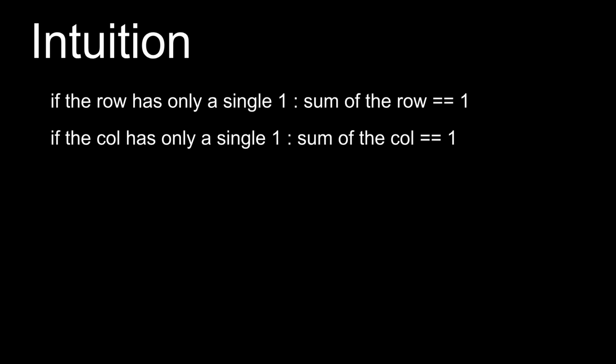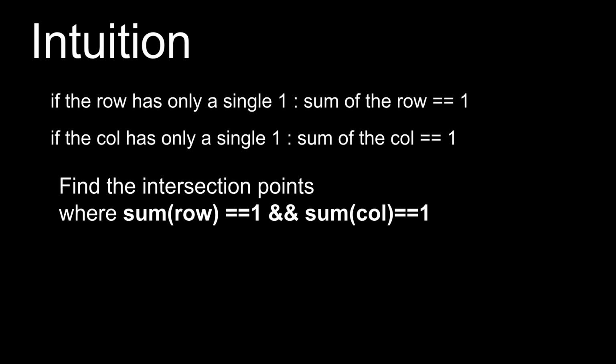So if we have the summation of all the rows and columns, all we have to do is find the intersection points where the row sum is equal to 1, the column sum is equal to 1, and the matrix value at that position is 1. That is going to give us a single intersection point. We have to find all the intersection points in that matrix.